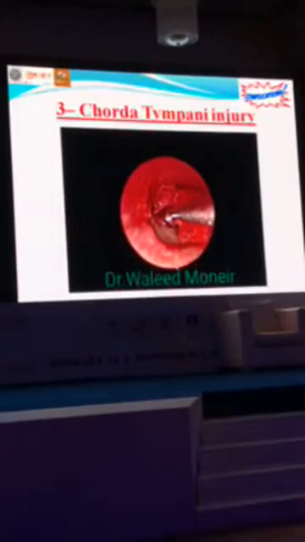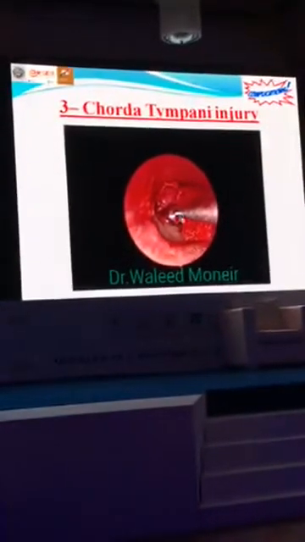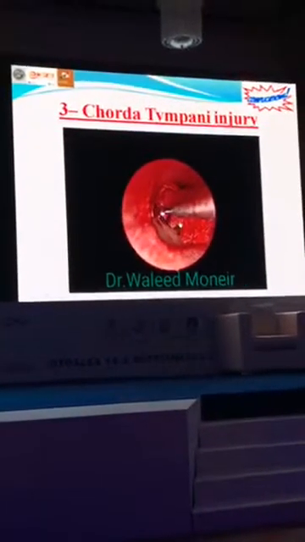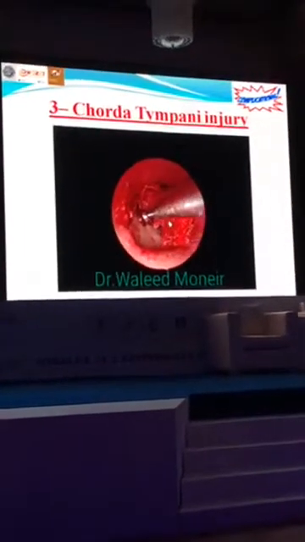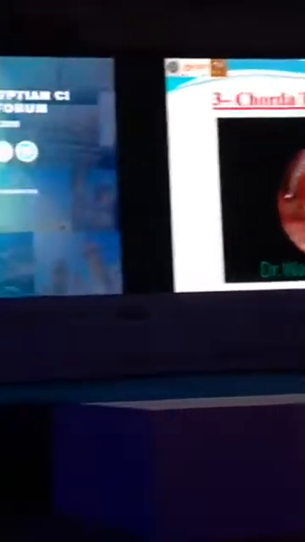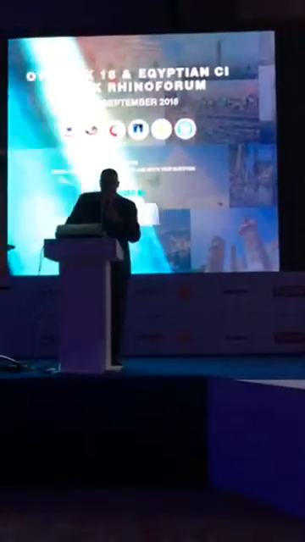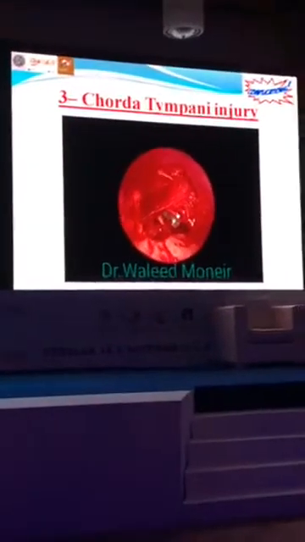Regarding the chorda tympani, this video shows that the use of the endoscope enables us to curette the bone just near the chorda tympani nerve very safely, and you can deliver the nerve and release it from its canaliculus to widen the access to the footplate very safely.